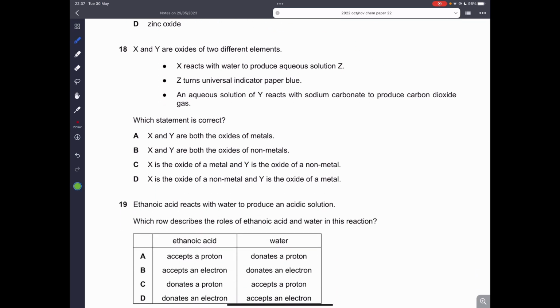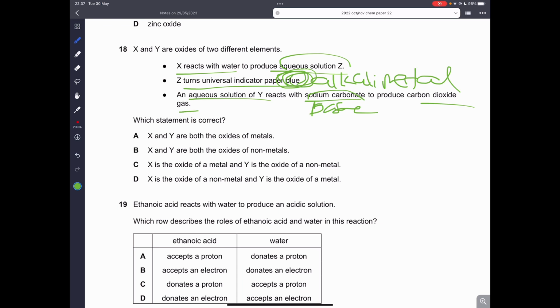18. X and Y are both oxides of 2 different metals. X reacts with water to produce an aqueous solution that turns litmus blue, so this is an alkali. We can know it from there. It is an alkali because it turns the indicator blue. And an aqueous solution of Y reacts with sodium carbonate, which is also a base, to produce carbon dioxide gas.